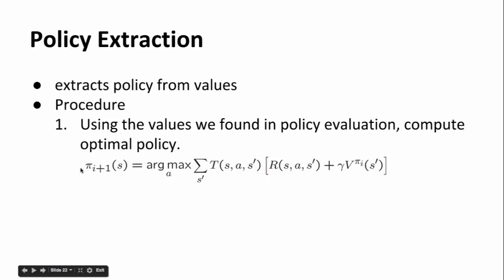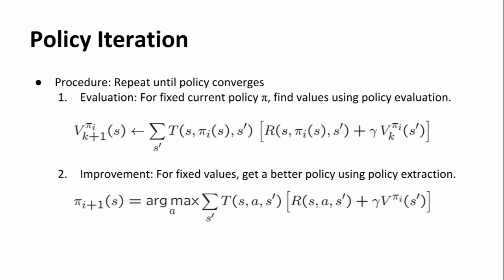And what that computation looks like is this. So we'll come up with some new policy, pi sub i plus 1, and then what that policy is going to be is the argmax over A of the Q value for that (S, A).